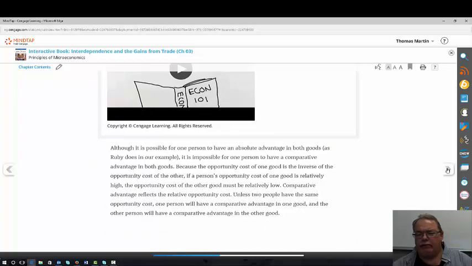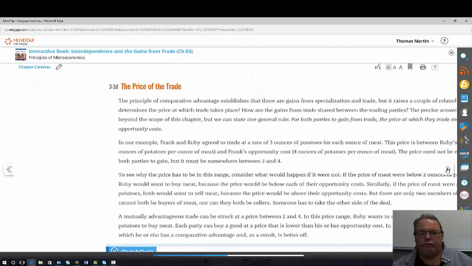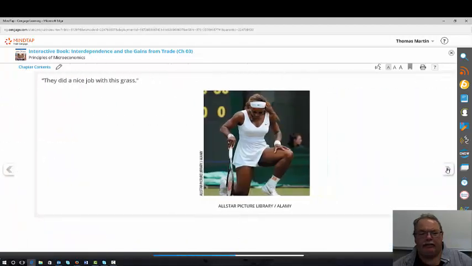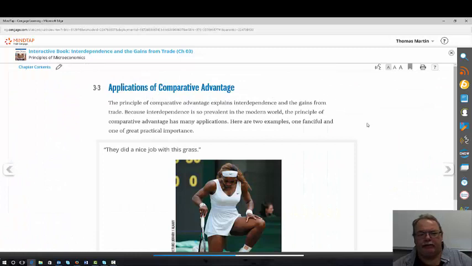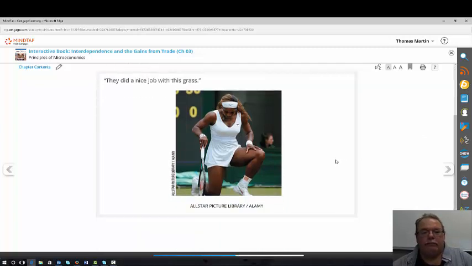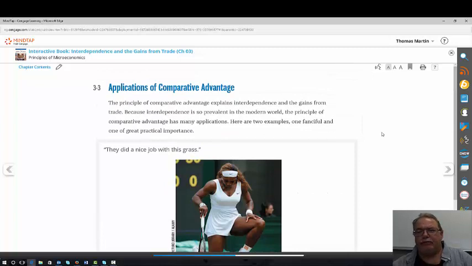Later in the chapter, they bring up the thought of trade and the application of comparative advantage, and in discussing the lawn mowing services for Serena Williams, would it be more advantageous for her to cut her grass and spend an hour or 2 hours on it, or go to produce a commercial for $30,000?